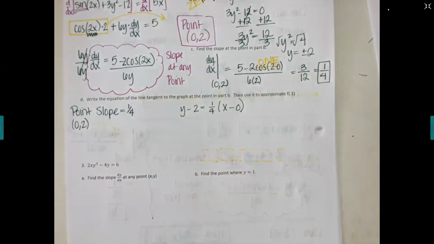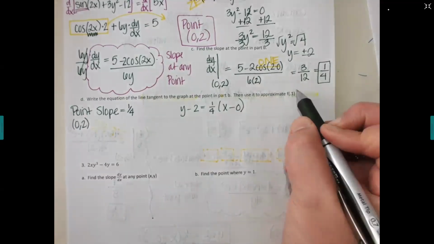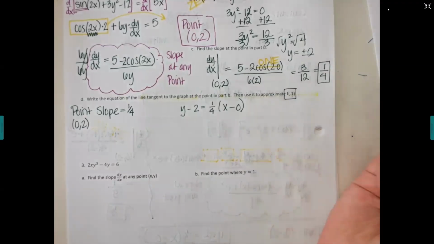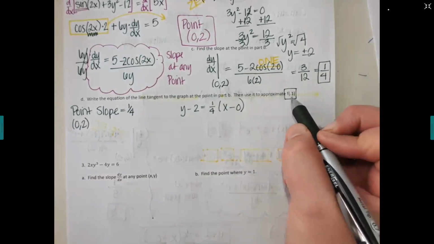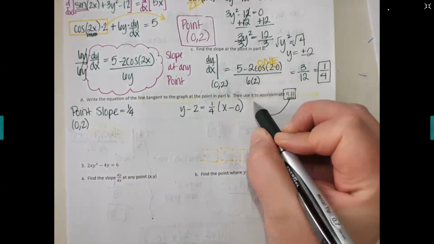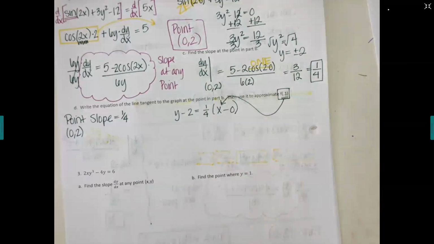Okay, for the AP test, sometimes they'll ask you just to write the equation. Sometimes they'll ask you to use it to approximate f of some decimal. If they ask you to do that, all you need to do is take whatever this x is and plug it in right there.